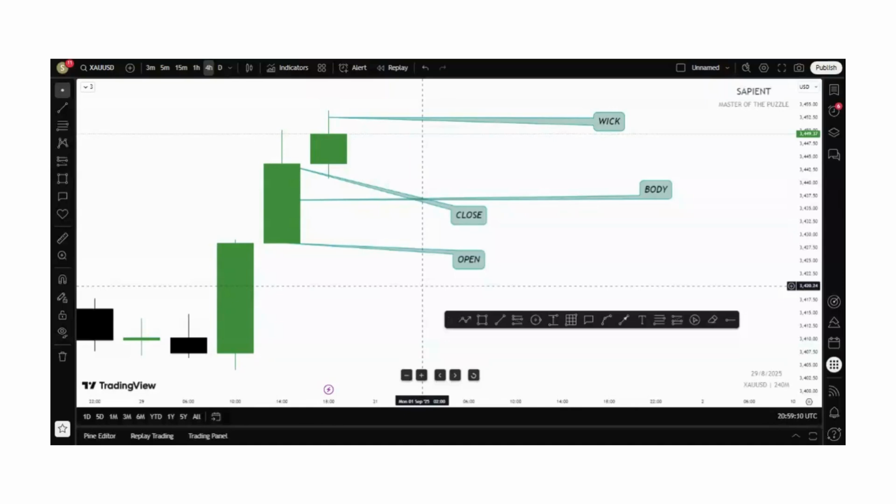We know that the candlestick has a body, a wick, and an open and close. The buy candle opens from the bottom and closes at the top, while the sell candle opens from the top and closes at the bottom. And we talked about the usefulness of the wick and the body.